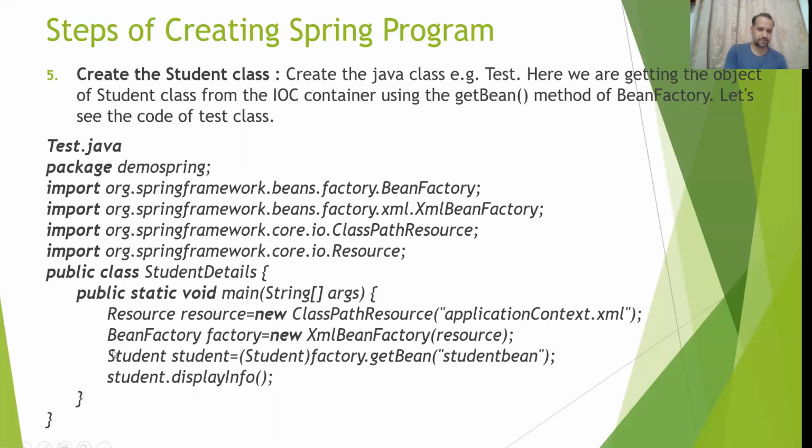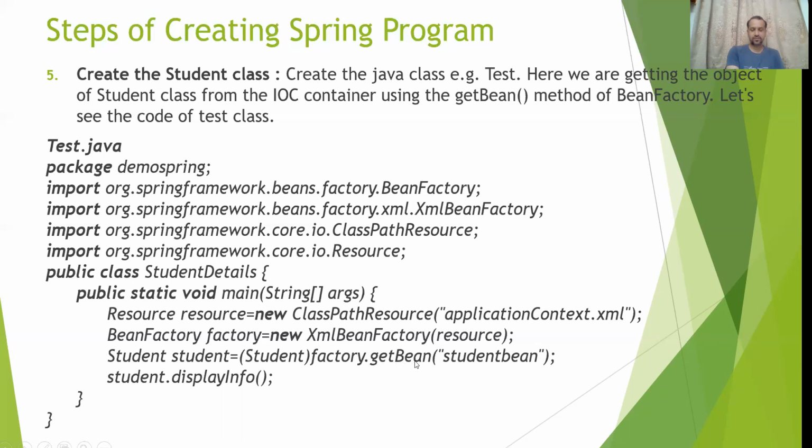Now I have to create another object, the BeanFactory object, with the help of XmlBeanFactory, and here I have to pass the resource. The resource is the application context. Means from here you are going to find the name and value of the particular class. Now another one is the Student class I have created earlier.